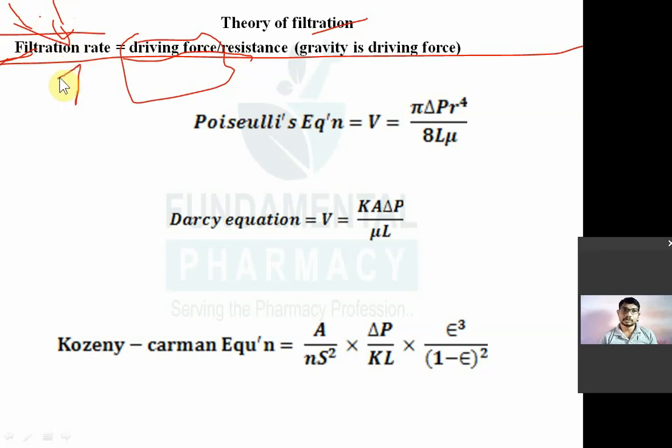Now, the resistance is for the movement of what? The movement of your liquid. So the resistance to the movement of liquid is calculated as upstream pressure minus downstream pressure divided by the length of capillaries. In case a cake has formed above your filtration medium, then the length of capillary is that; upstream pressure minus downstream pressure divided by length of capillary is nothing but the resistance.